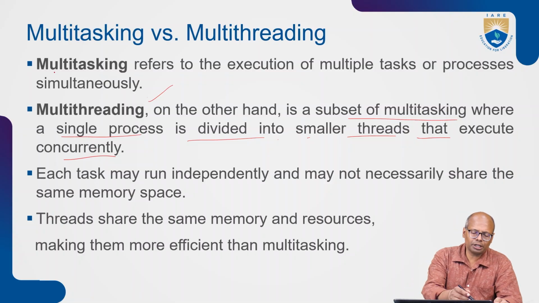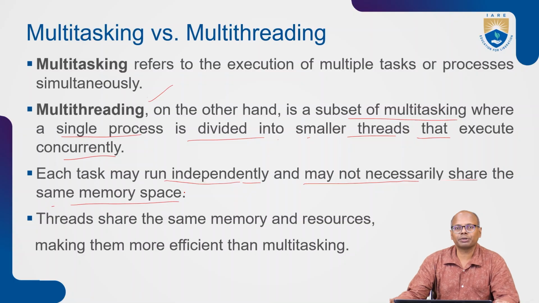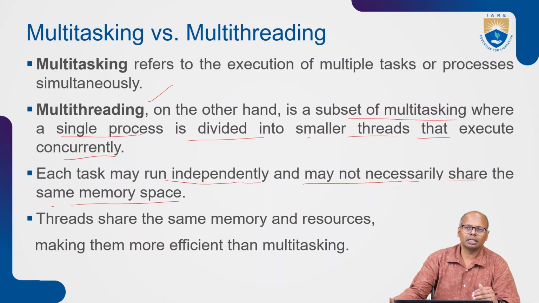In multitasking, each task may run independently and may not necessarily share the same memory space. So in multitasking, each task is running independently, and there is no chance of using the same memory space, because the memory used by one task is generally completely different from the memory used by another task.